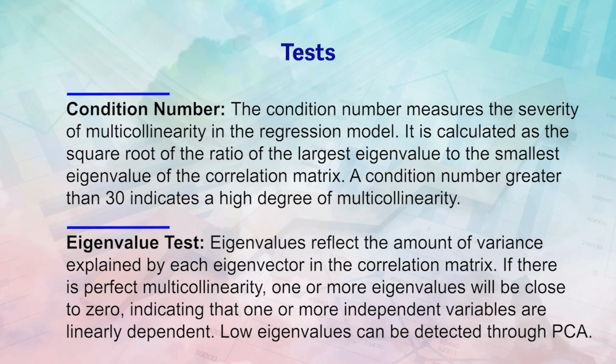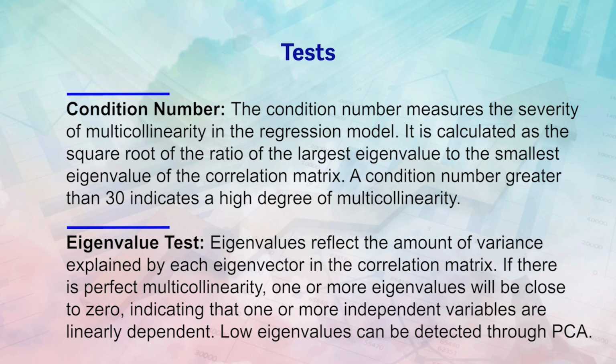Next is the eigenvalue test. This refers to the variance explained by each eigenvector in the correlation matrix. If there is perfect multicollinearity, then one or more eigenvalues will be close to 0, meaning the variables are linearly dependent, not linearly independent.